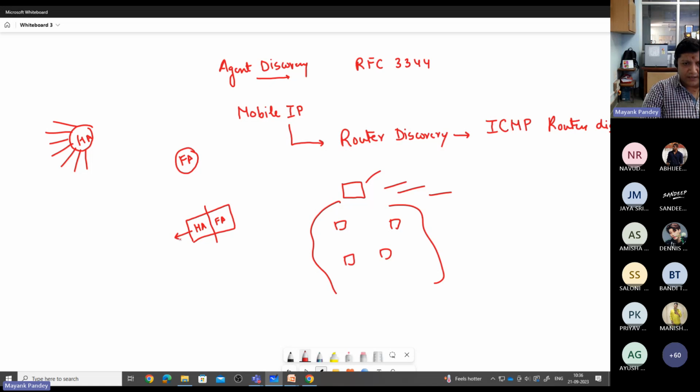So at one interface, at one link, it would be acting as home agent, and at another interface, it would be acting as a foreign agent. So home agent advertisement would be sent on this link and foreign agent advertisement on that link, and this happens periodically.